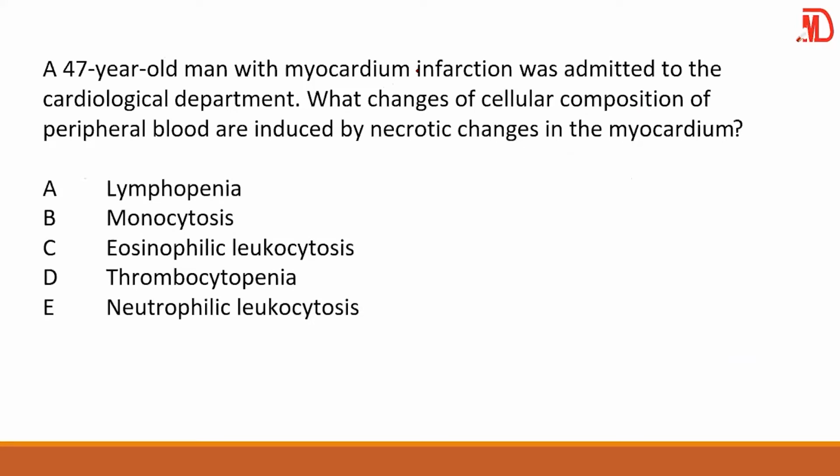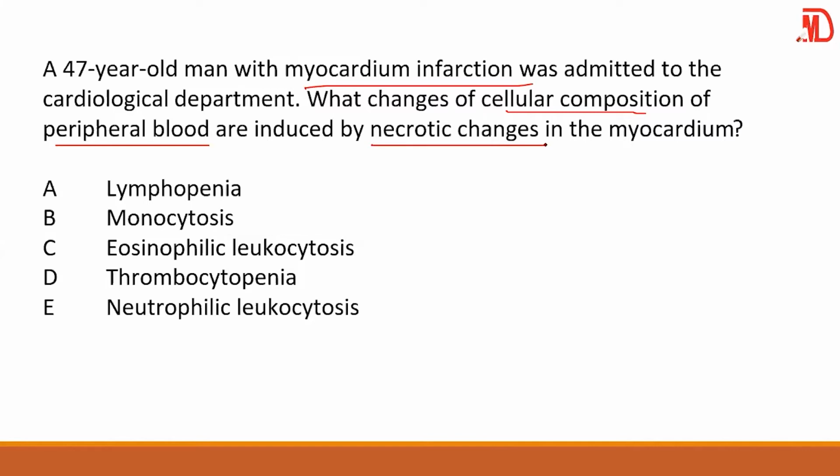A 47-year-old with myocardial infarction, again, there's decreased flow of blood to the cardiomyocyte, and was admitted. What changes of cellular composition of peripheral blood are induced by necrotic changes in the myocardium?